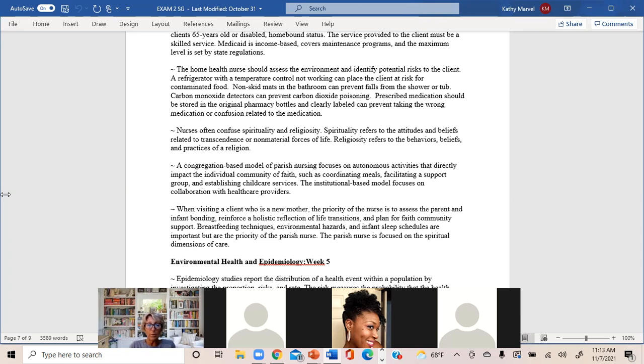Okay, what kind of question might you get with regards to this information? Get like a select all that apply question. Yeah, and probably it'd be like an education point on what these patients should look for, what the health nurse should look for upon a home health visit. Exactly.